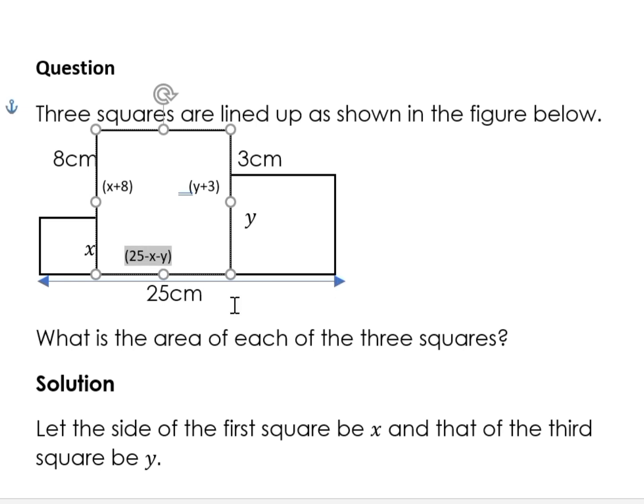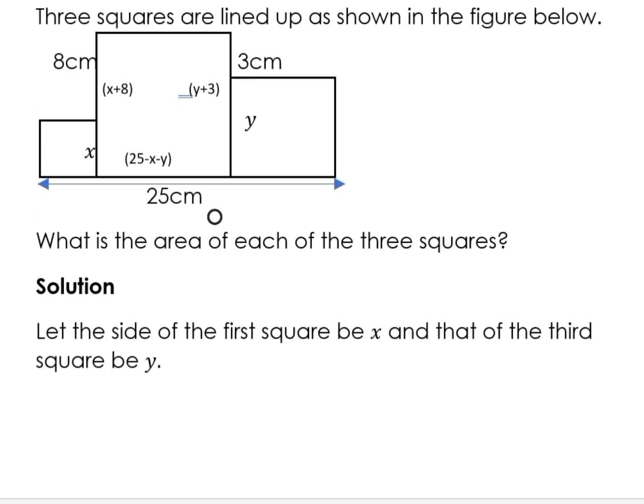Now you notice that we have come up with three algebraic expressions representing three sides of this big square. We have x plus 8, 25 minus x minus y, and y plus 3. One thing you need to remember is that we are talking about squares, and we know squares have all their sides equal in measurement.